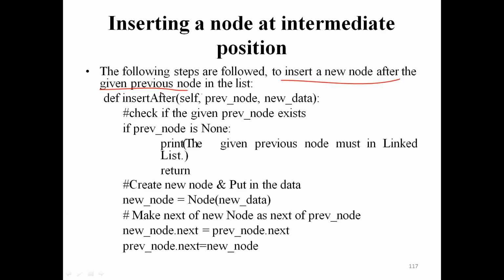I know a particular node, and I'm calling this the previous node. I'm going to insert after this previous node. So the function name is called insert after. If you want to insert before, you can make it insert before as the function name. It depends upon your wish.